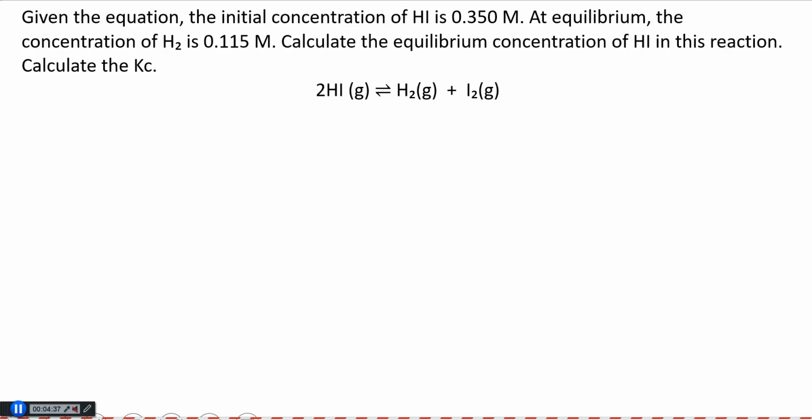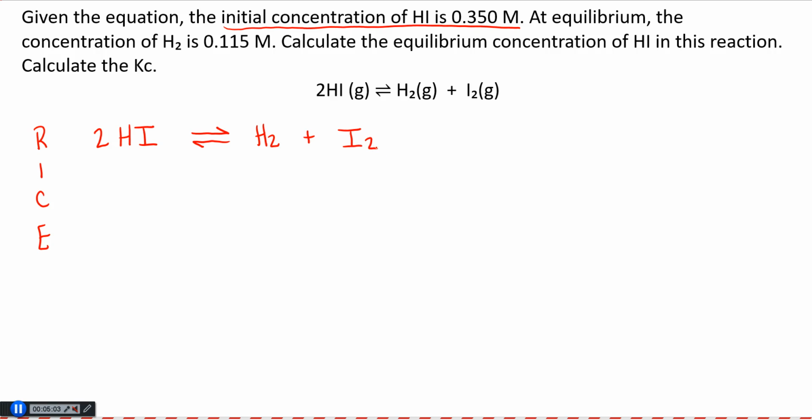Alright, next problem. Again, I see initial concentration, so that's going to be my key that I need a RICE table. So again, R is for reaction. I is the initial concentration.